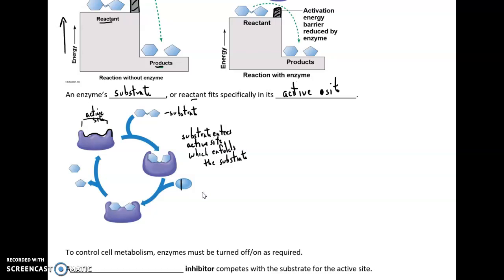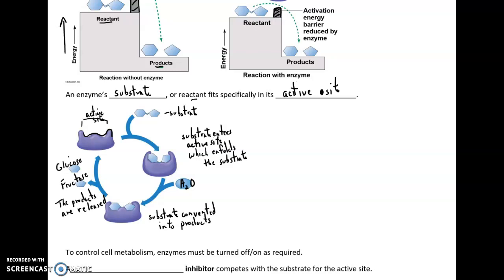Then water enters the reaction, and the substrate is converted into products. In the next step, the products glucose and fructose are released. And then the enzyme is ready for another round. It can interact with another sucrose molecule and split another one.